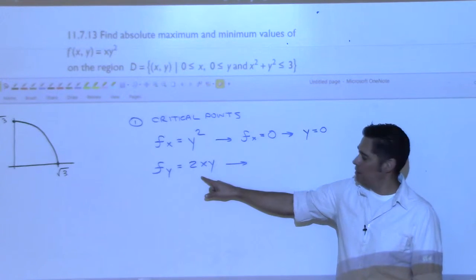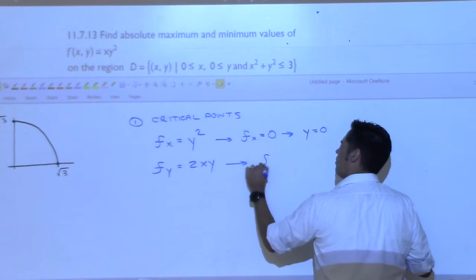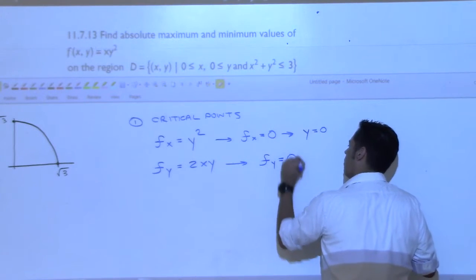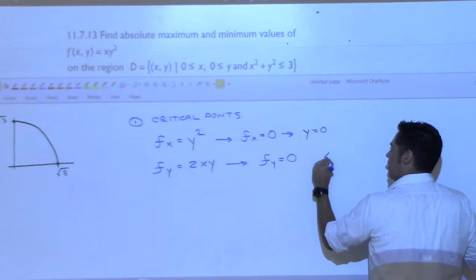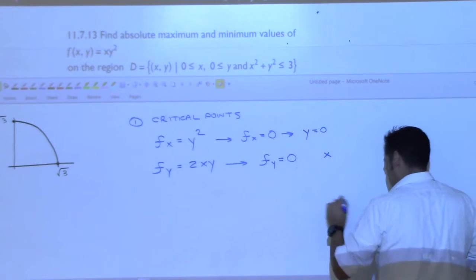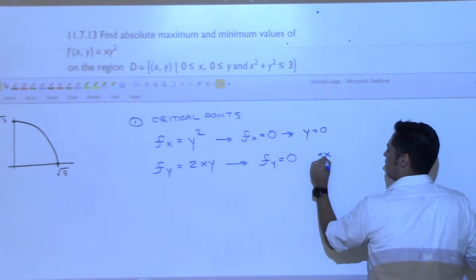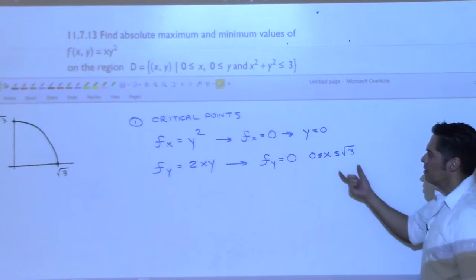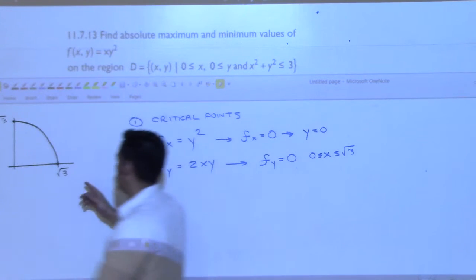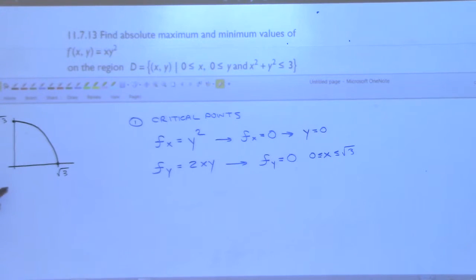Agreed? So the solution to this equation, partial of f with respect to y equals 0, is basically all x between 0 and root 3, because we're only allowed to look between 0 and root 3, right? Does that make sense?